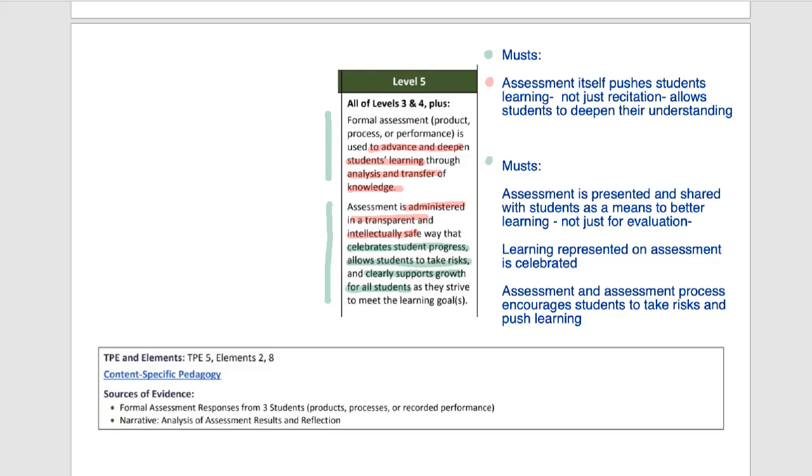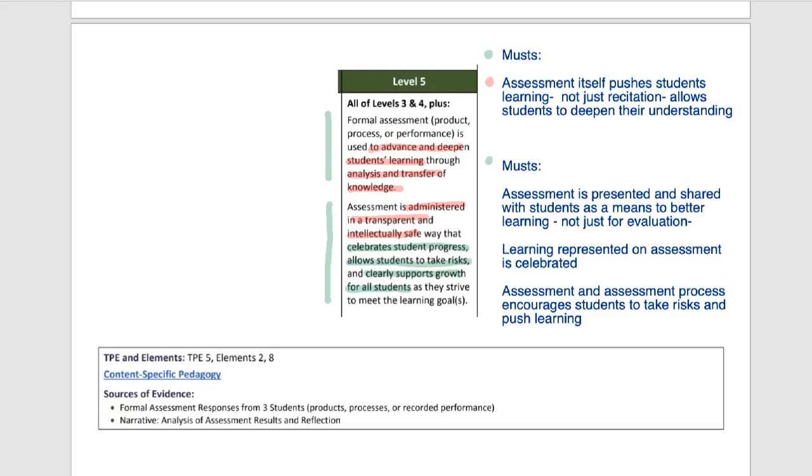So the kids begin to understand that assessment is part of their learning, that their self-assessment, how they respond to informal assessment, and even the formal assessment is somehow being used by you and by them to make the learning better for everybody. So in a transparent and intellectually safe way, right? It's not something that's onerous, it's something meant to push and better learning.